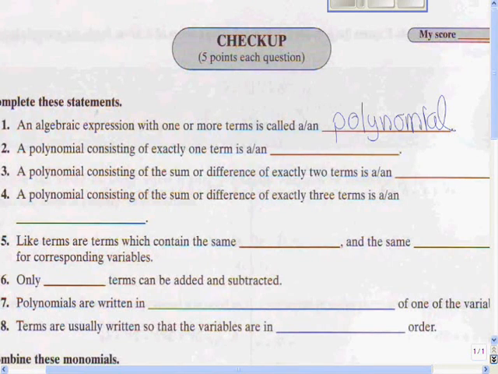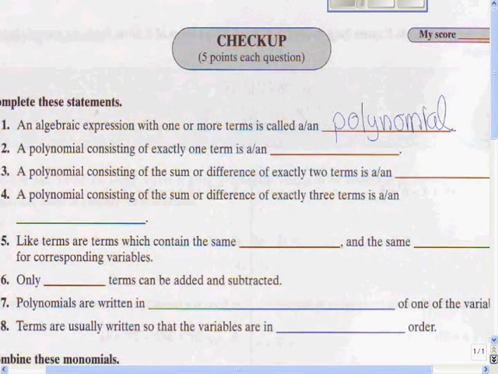A monomial is a polynomial with one term. A binomial is a polynomial with two terms separated by an addition sign or a negative sign. And a trinomial is three terms separated by either a positive or a negative sign, or an addition or subtraction sign. So let's look at the next question.